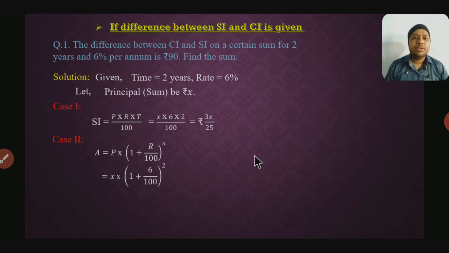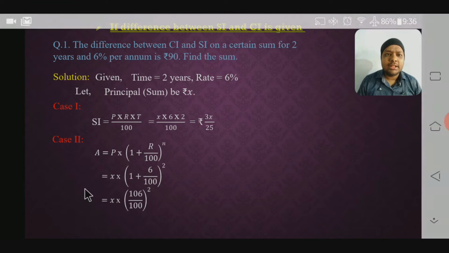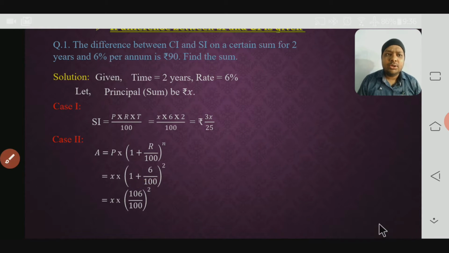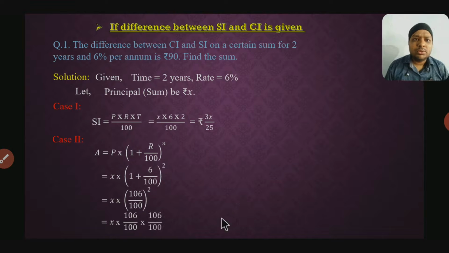So x into, directly we can solve like this: 1 is 100 by 100, and plus 6 means 106 by 100, to the whole square. Now you can see here, students, that it will be 106 by 100 two times. Okay, so like this we can write.